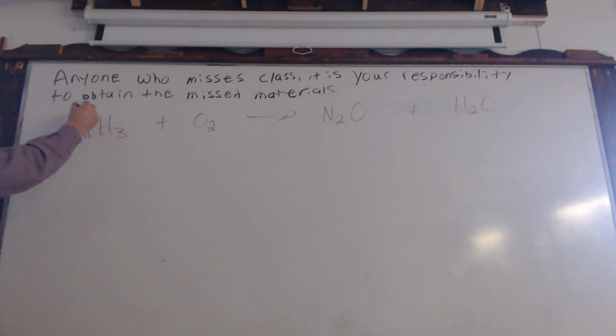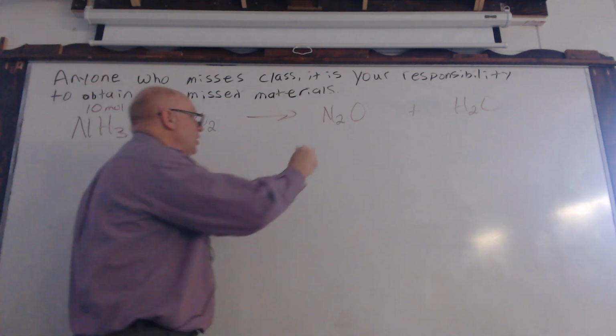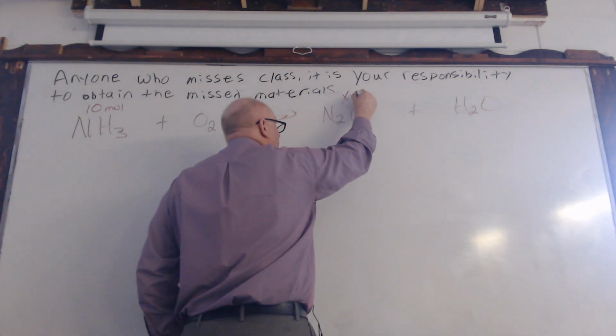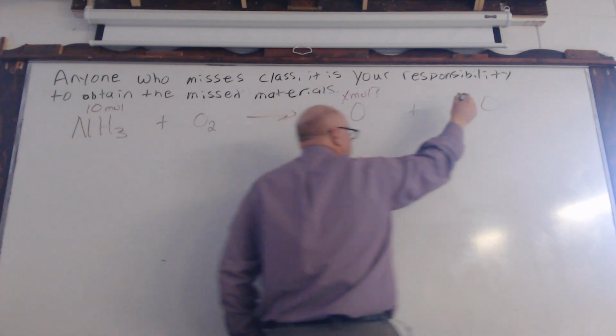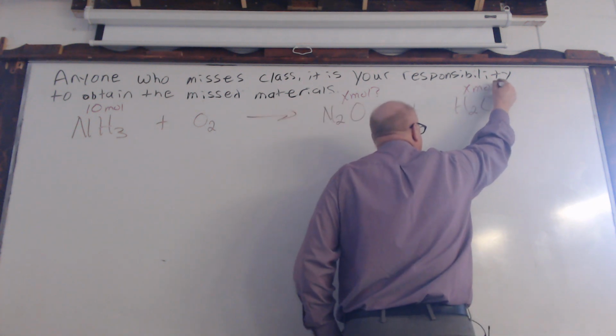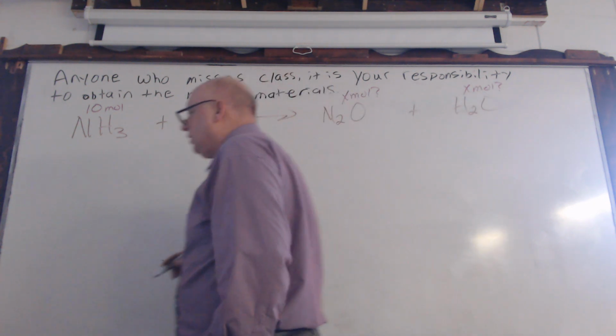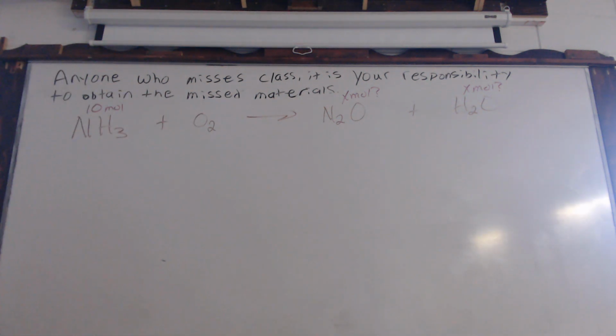Okay. So let's just go ahead and start with, I don't know, 10 moles. So we want to know how many moles of this, how many moles of that. In any stoichiometry problem, you're given the reaction.